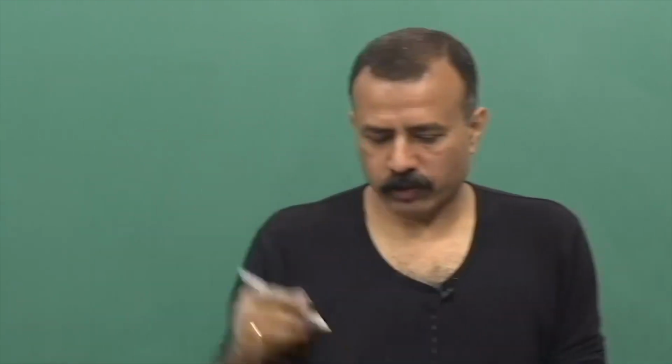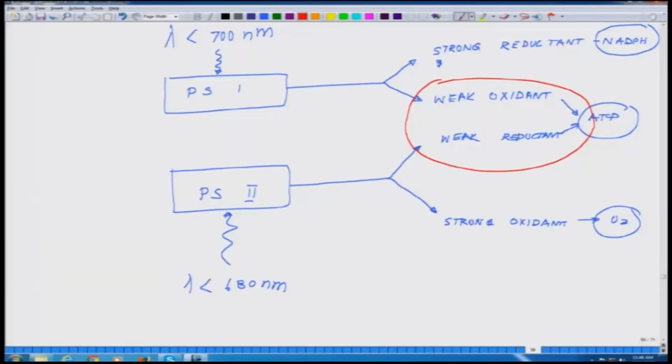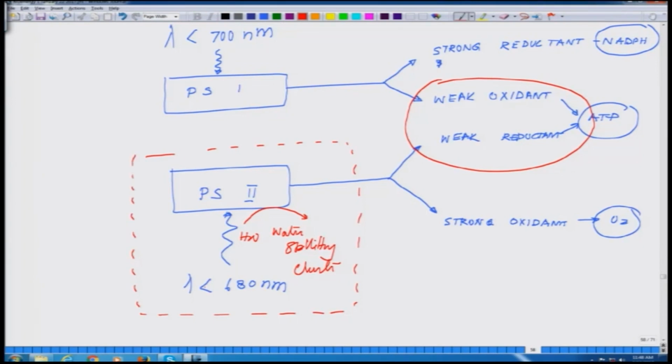So, coming back to the slide, let me add one more point to this, which will make you understand. Out here underneath it is the water splitting cluster. Now, this part functions at less than 680 nanometer, which is directly involved in evolution of oxygen.